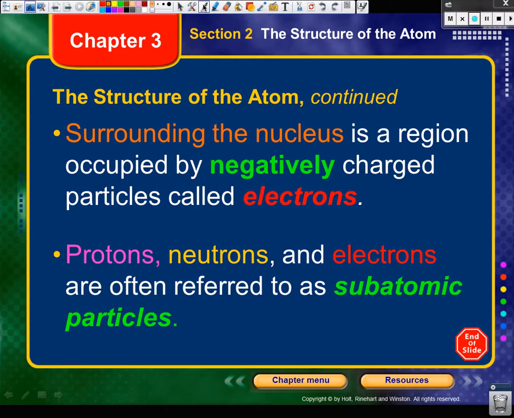Protons are positive, neutrons are neutral, and electrons are negative. Every year, people always mess up neutrons and call them negative. Again, neutrons are neutral. The first 5 letters are the same: N-E-U-T-R. Neutron and neutral.